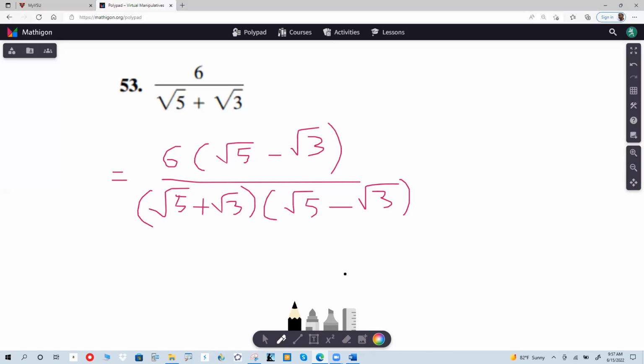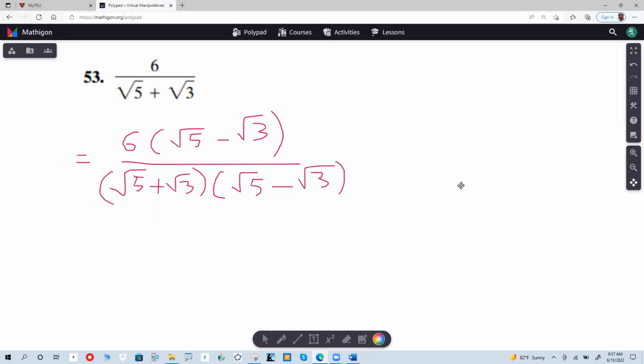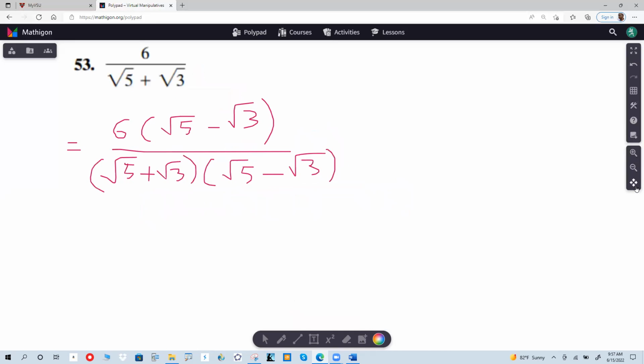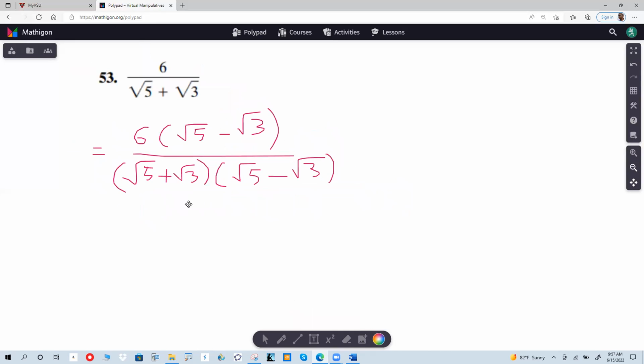Okay, so let's see what I can do here. There are a few things I really like about doing things on the computer. I'm going to use a different color, and I'm not too concerned about the top. Top is very easy. You're going to distribute 6 over, there's nothing going on. So with the bottom, guys, let me use green. Remember from FOIL, first terms: what's square root of 5 times square root of 5?